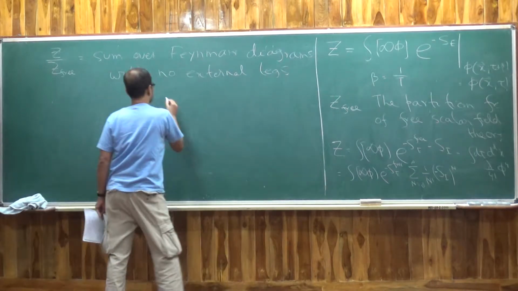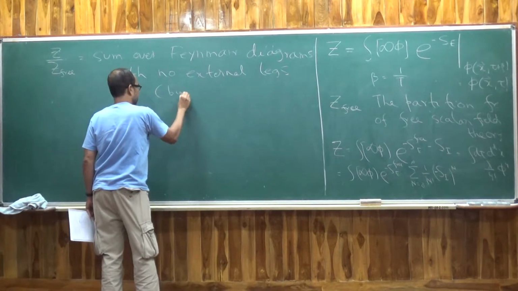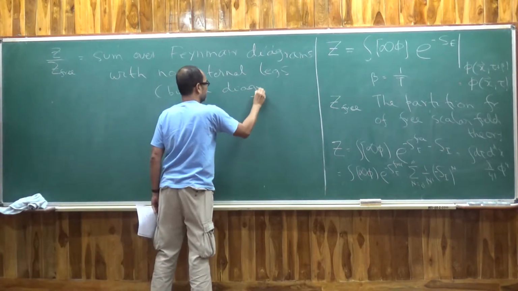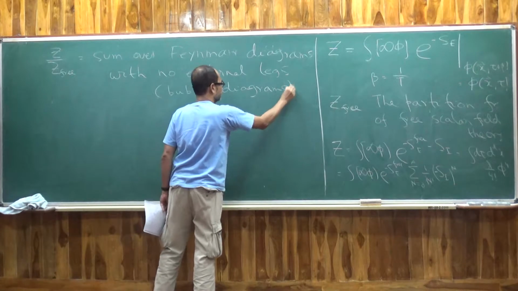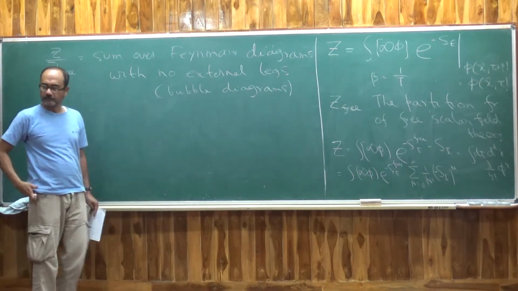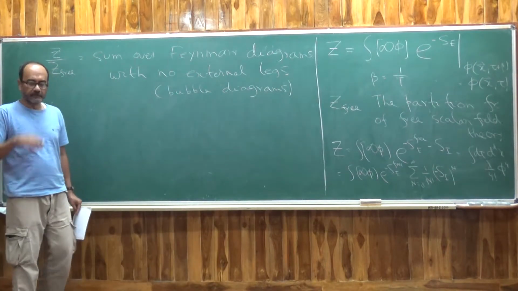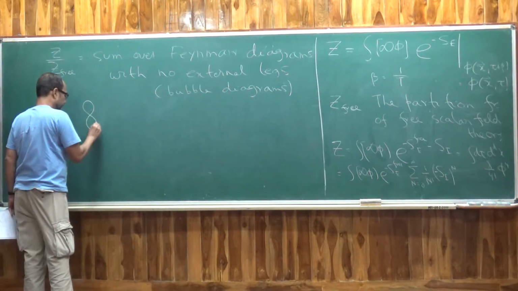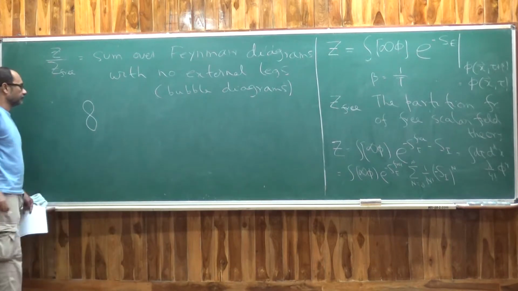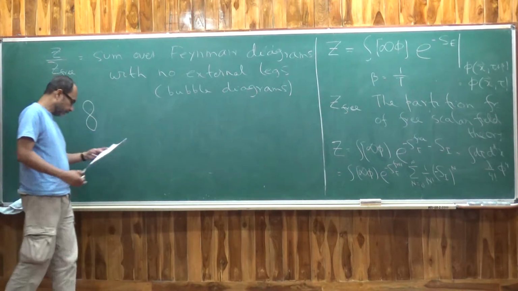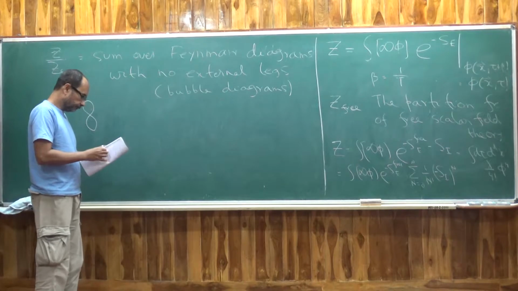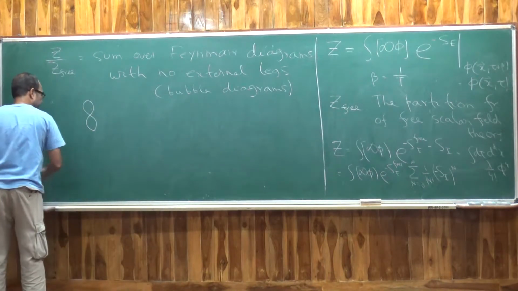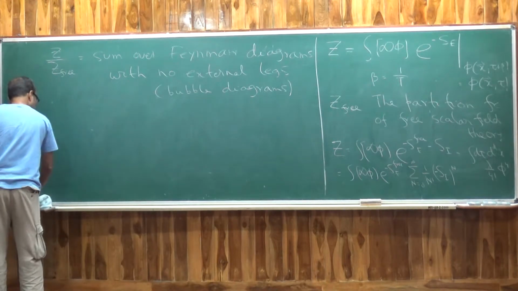These are also sometimes known as bubble diagrams. For example, this is the lowest order contribution. Maybe I should write down the Feynman rules first, before drawing diagrams.